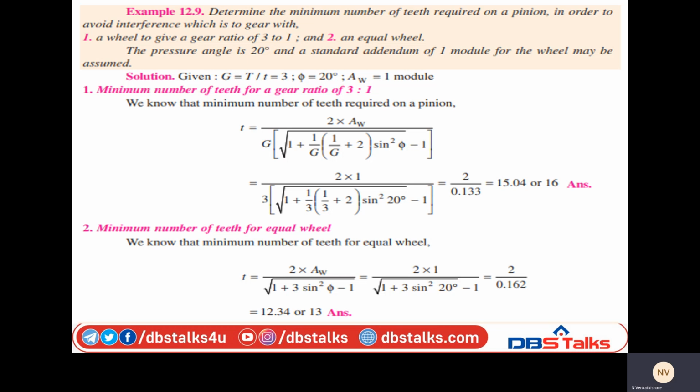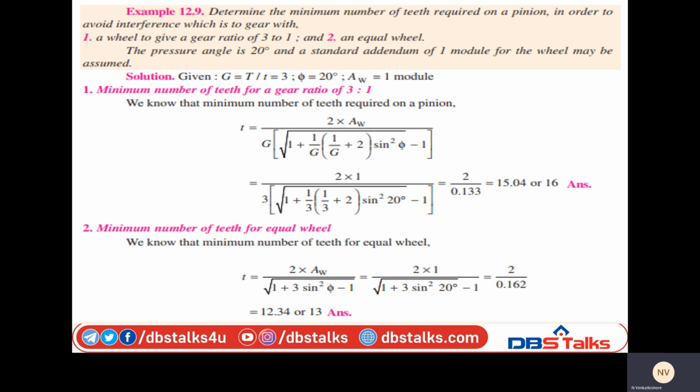So what is the formula to find the pinion? What is the minimum number of teeth on the pinion for a given gear ratio 3 is to 1, at the same time for a gear ratio equal to 1. So what is the formula having small t is equal to 2 into AW by capital G into square root of 1 plus 1 by G into 1 by G plus 2 into sin square phi minus 1.